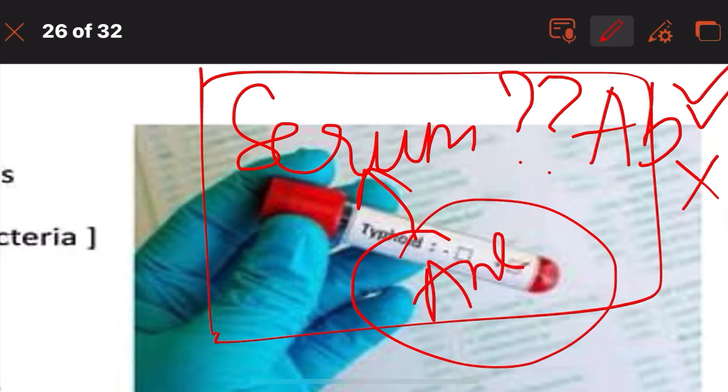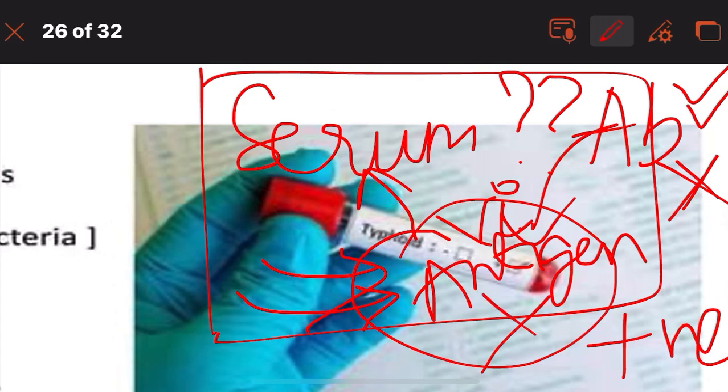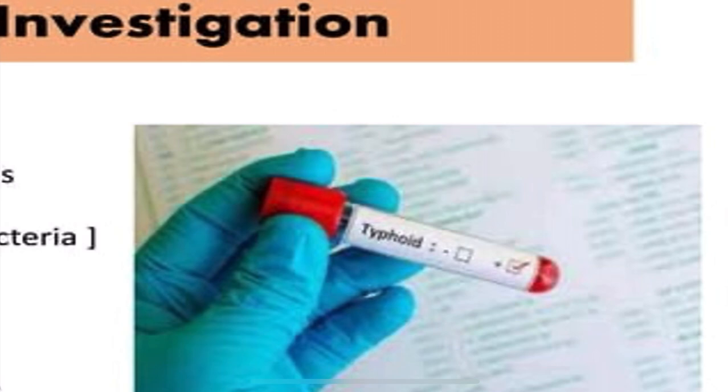We have this Vi antigen present. When the patient's serum is made to interact with it, we are checking if the antibodies bind to this antigen or not. If the antibodies are present, they will bind, so it concludes it is positive. If the antibodies have not developed and are not binding to this antigen, then we declare it a negative test. Okay. Is it clear?